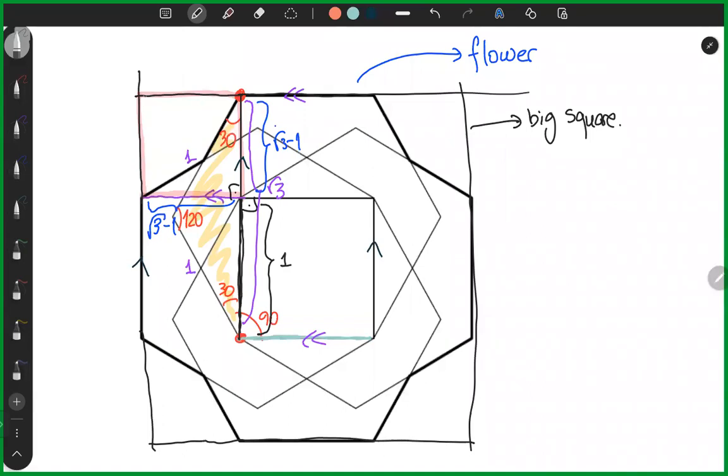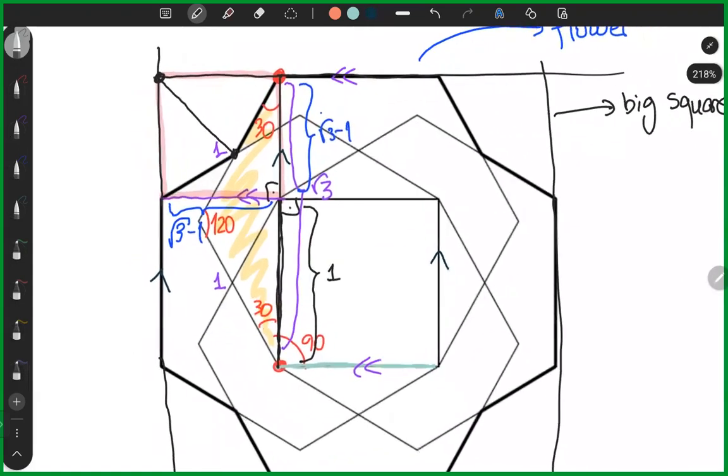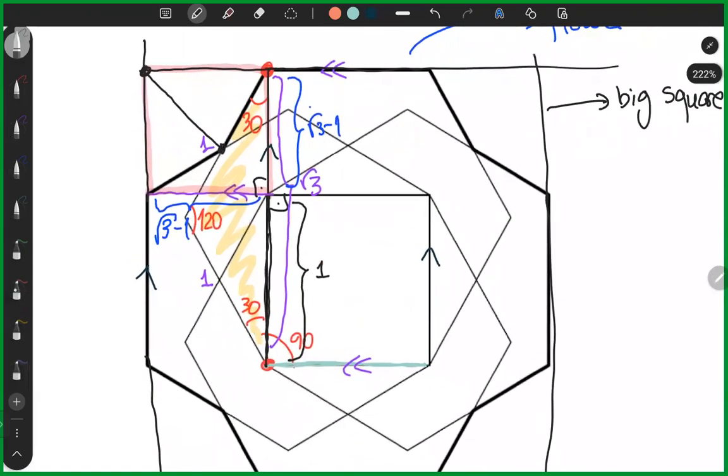And finally, when I draw this line here, I first observe that the red triangle, the yellow triangle, and the blue triangle here are congruent.